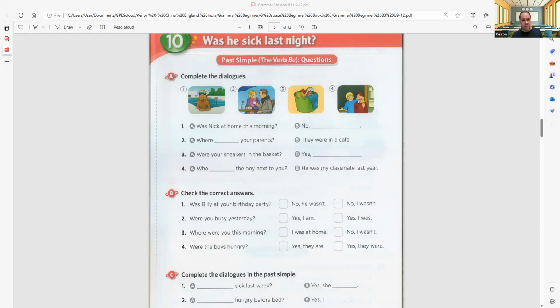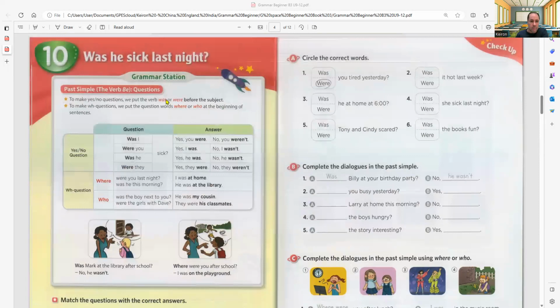This is Teacher Kieran, Grammar Space Beginner, Book 3, Unit 10, Past Simple with the verb be, and we're going to be asking more questions. All right, so guys, to make yes/no questions, we put the verb was or were before the subject.